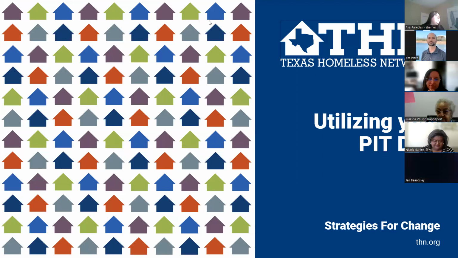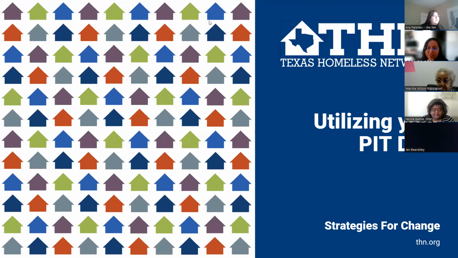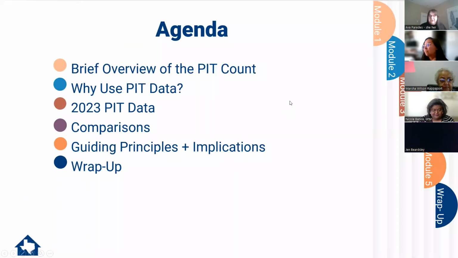Thank you all for being here, of course. So let's just jump right into it. Let's start off with our agenda for today. We're going to do a quick brief overview of the PIT count. I see some people in here who already are pretty familiar, so we'll keep it pretty short. And then we'll talk about why we want to use PIT data when applying for funding.